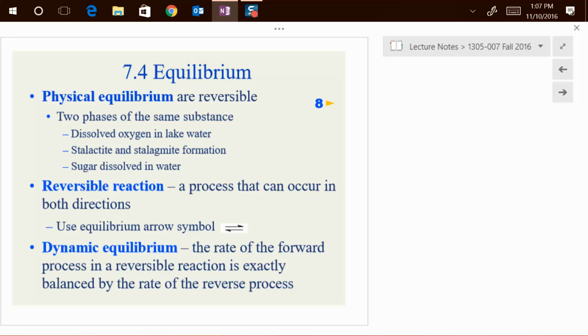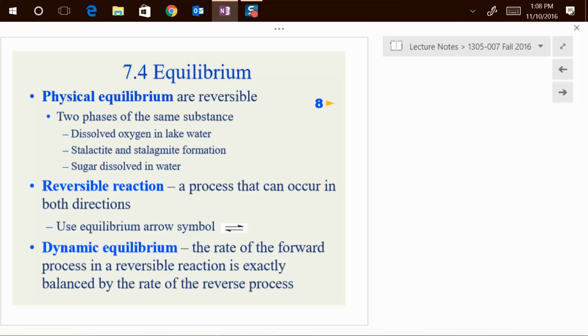So what is equilibrium? Equilibrium is a process that occurs in both directions, meaning I have a forward reaction and I have a reverse reaction. So if you have a forward reaction, as I have two reactants, they react and form product. As that product is formed, it then reacts and forms more of the reactants. And it's going back and forth. Okay?